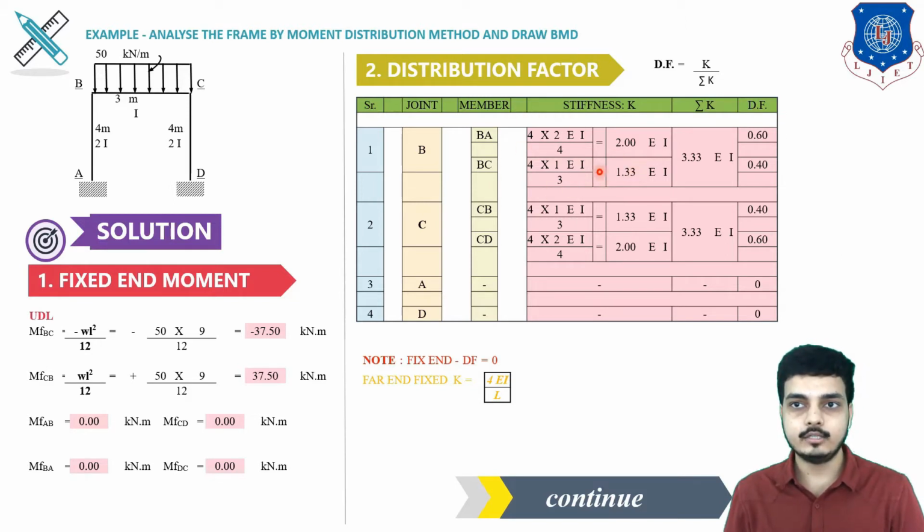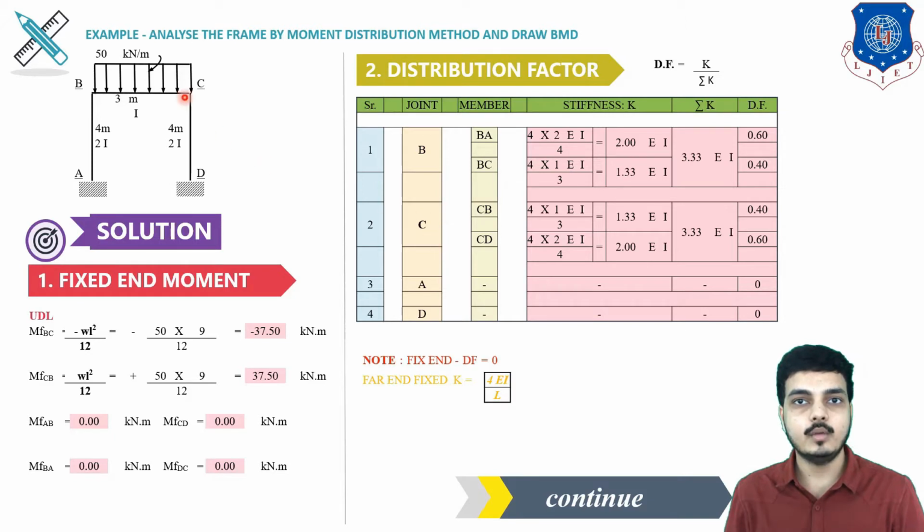Now I would like to explain in detail: A and D are my external supports which are fixed, so we have used the formula with 4. But B and C are my internal joints. I know we treat it as a hinge or simple joint, but for calculating stiffness, we have to consider an intermediate joint as fixed only. So we have used the formula with 4, not 3EI.